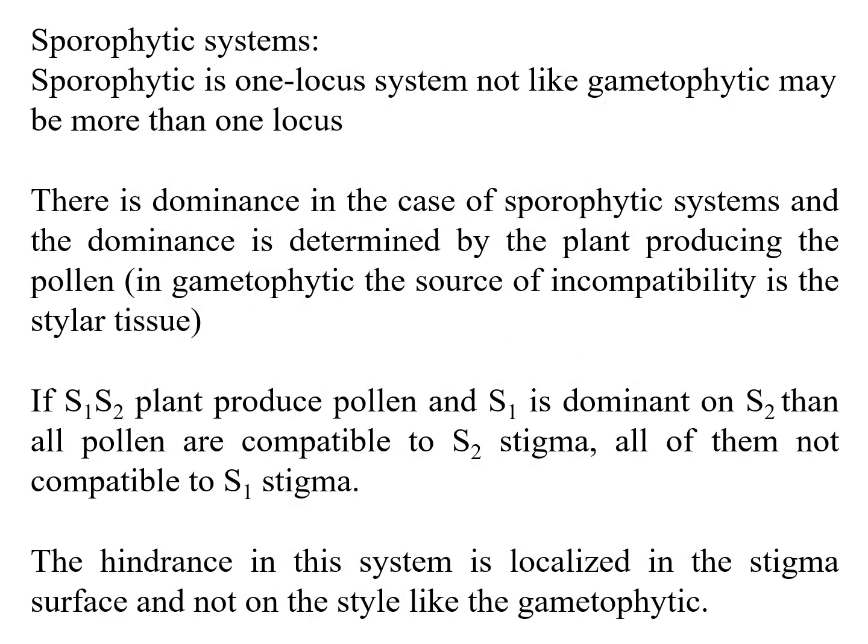The second incompatibility system is called the sporophytic system. The sporophytic system is a one-locus system, and it is not like the gametophytic, where there is the possibility of more than one locus. The sporophytic system has some dominance, where if S1 is dominant over S2, then all S2 is not compatible to S1, and vice versa not.